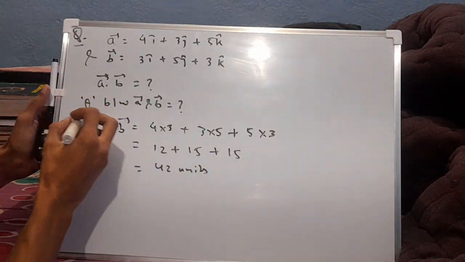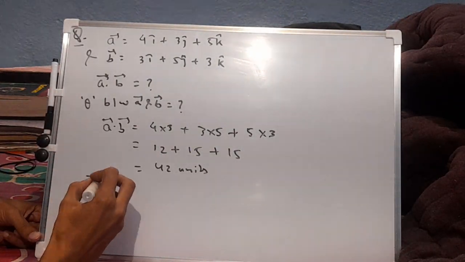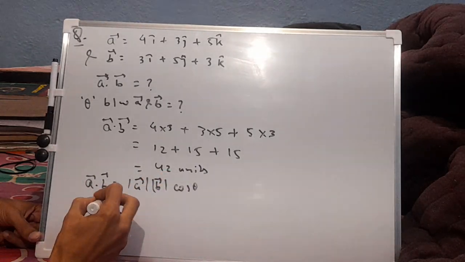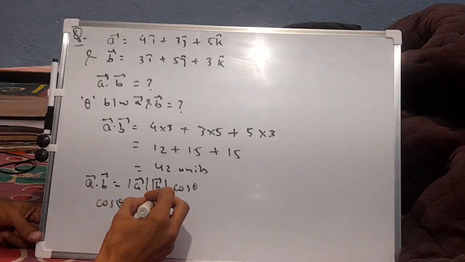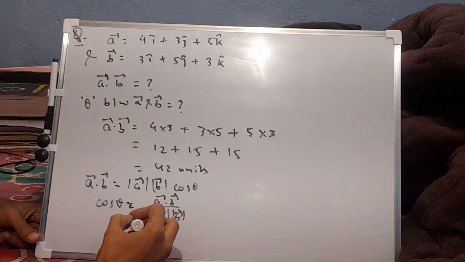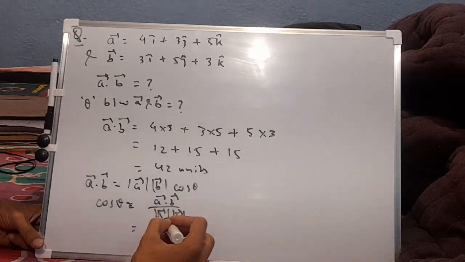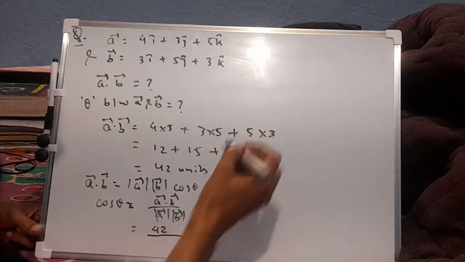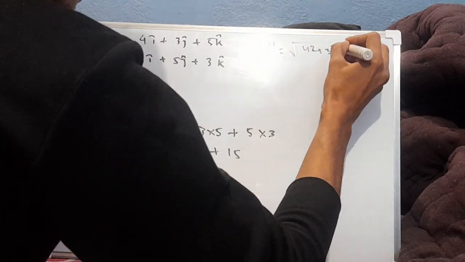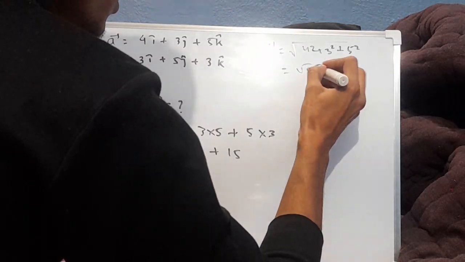And the second question is the theta between A and B, that means the angle between A and B. We know that A dot B equals magnitude of A, magnitude of B, and cos theta. So cos theta would be equal to A dot B divided by magnitude of A and magnitude of B. We already know that A dot B gives us 42, and now we have to find the magnitudes of A and B. Magnitude of A would be equal to under root 4 square plus 3 square plus 5 square. That would be 16, 9, 25, so under root 50.